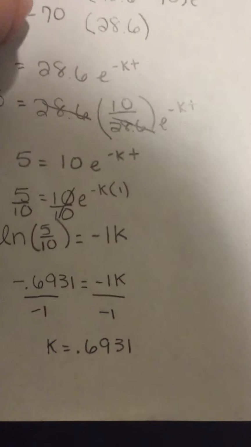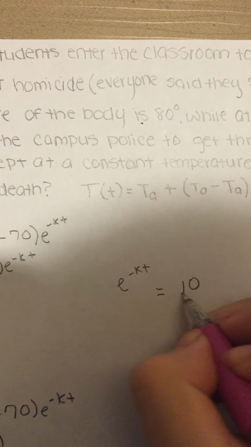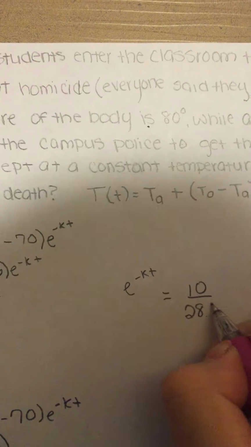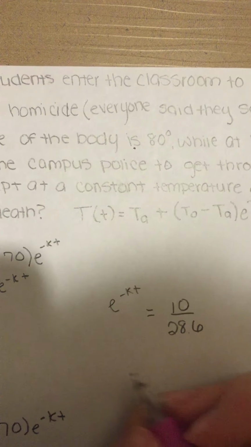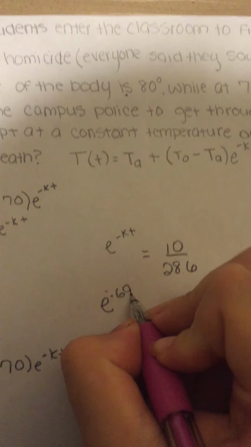0.6931. I am now going to use e to the negative kt equals 10 over 28.6 to solve for t. Since I know k, I am going to put it in.